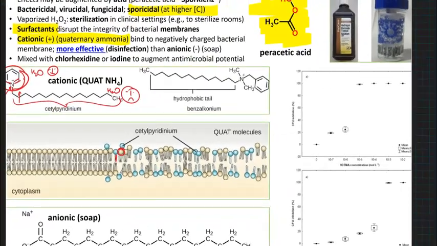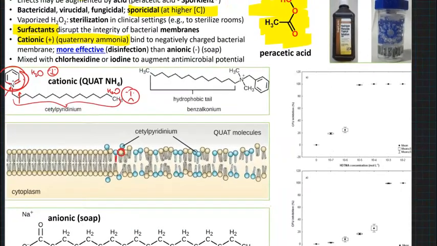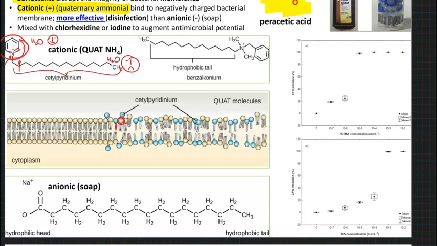Now what about nonionic compounds such as soap? They have a negatively charged head. Can you see that? Negative soap and negative membrane will repel each other. So it works just purely as a surfactant to remove dirt and bacteria from your skin.